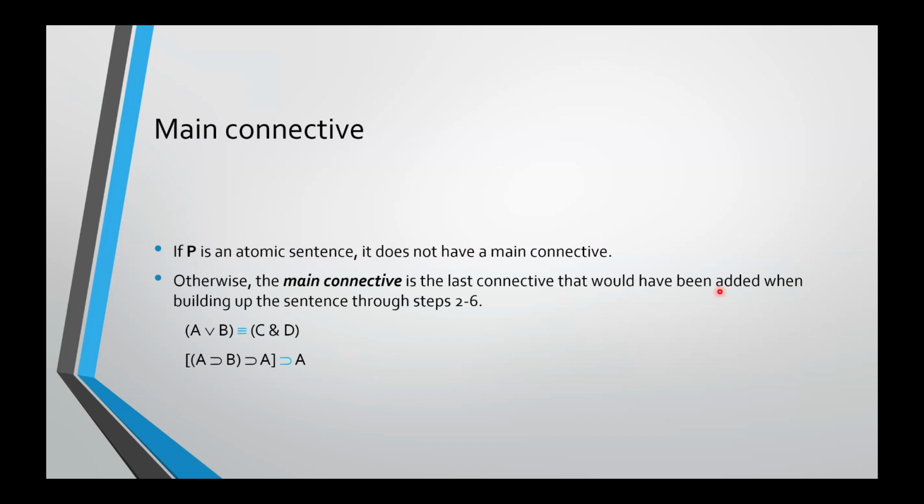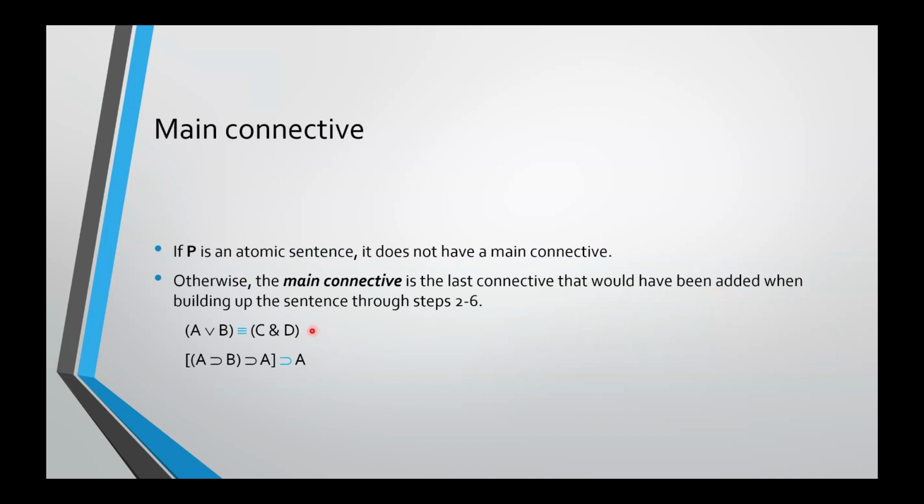Next, we have the concept of a main connective. So if P is an atomic sentence, so a sentence letter, it doesn't have a main connective. It doesn't have connectives, so it can't have a main one. Otherwise, the main connective is the last connective that you would have added when you were building up the sentence through steps 2 to 6 of the definition.